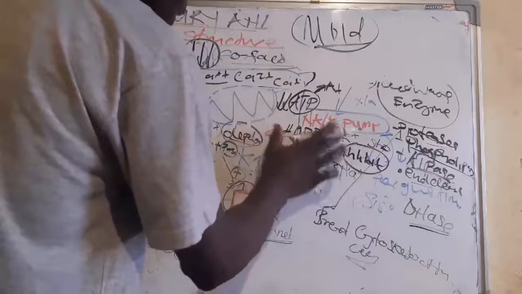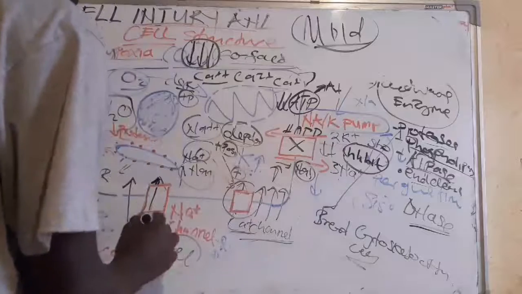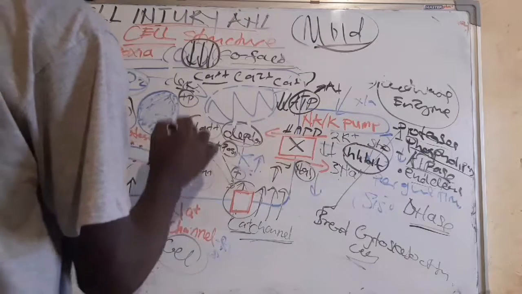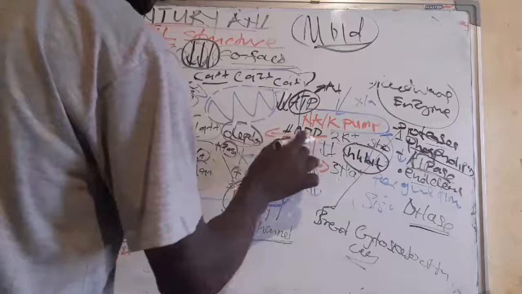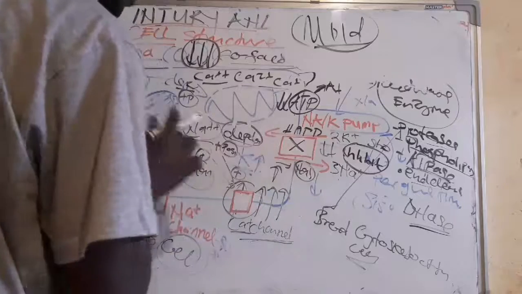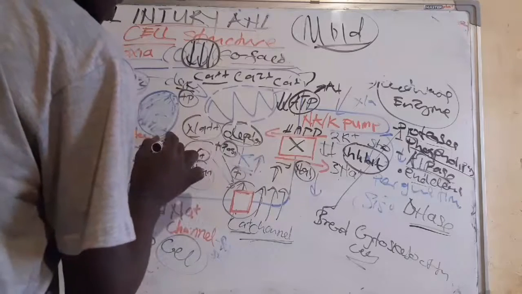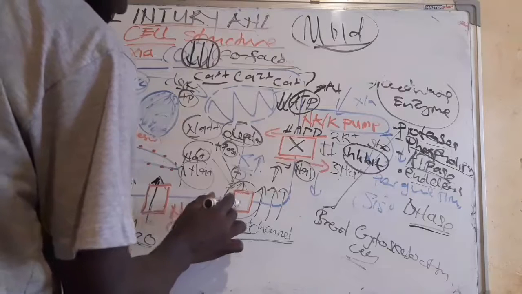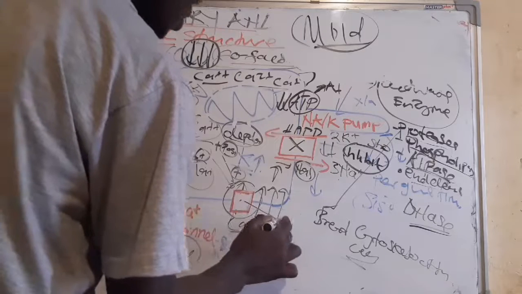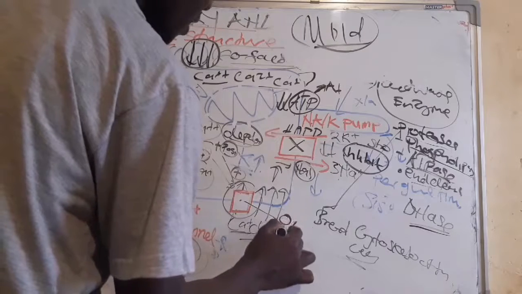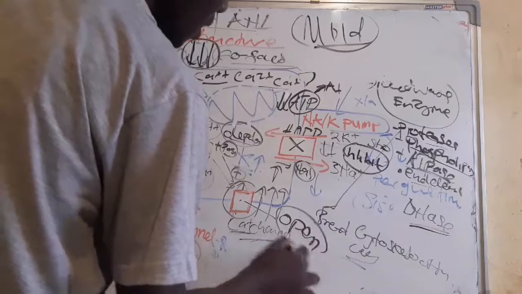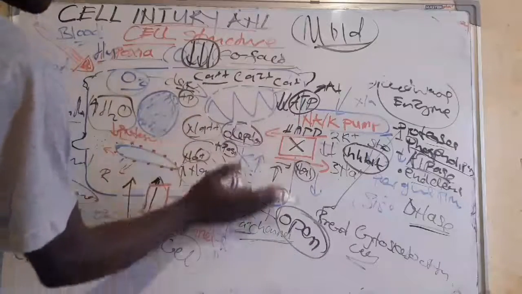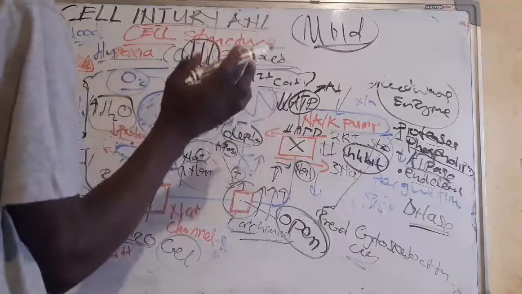When this is inhibited completely, sodium will keep on entering the cell, but no sodium going out. As it is entering, it causes depolarization. As it is causing depolarization, it causes the calcium channel to open. As the calcium channel opens, more of the calcium ion will enter.